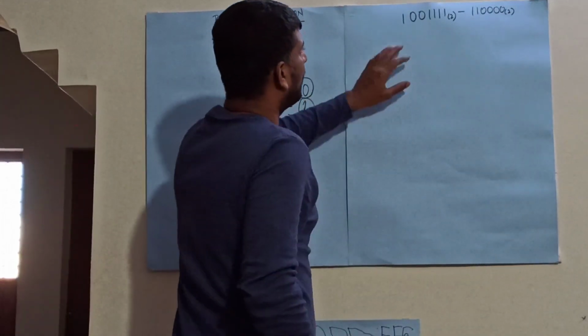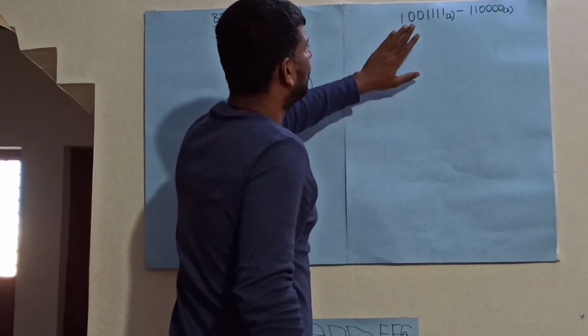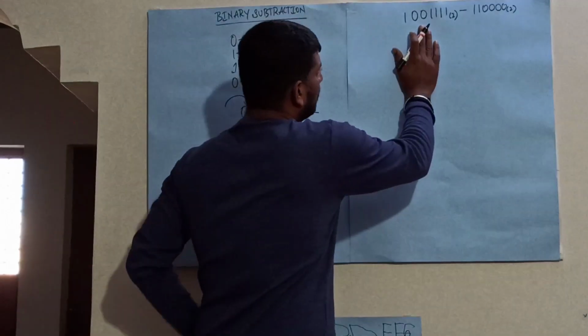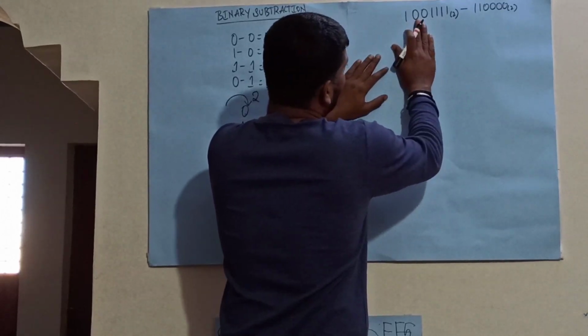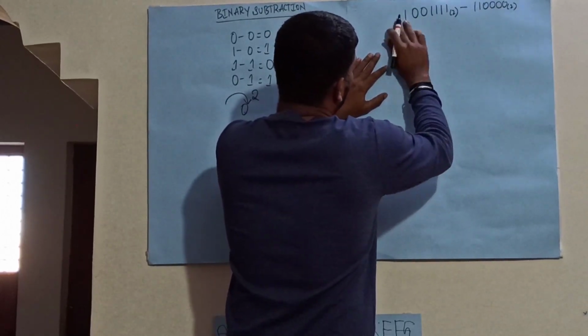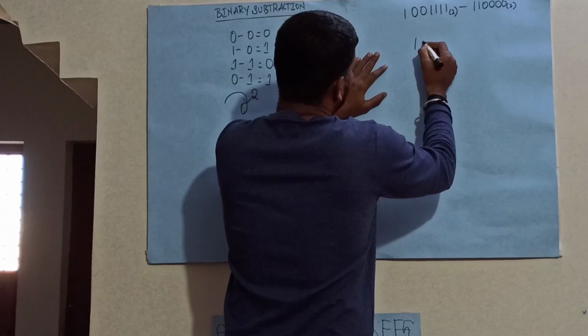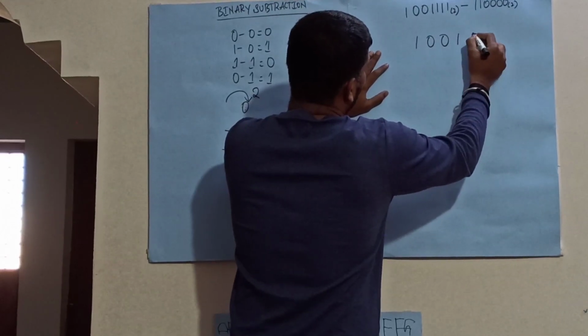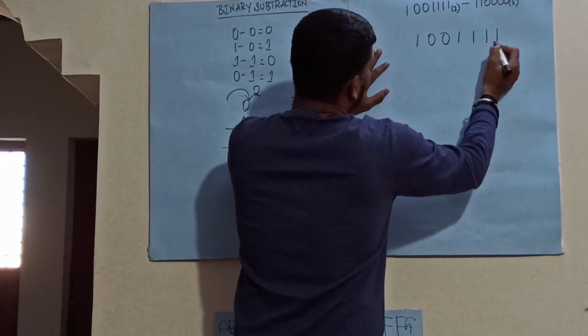I will perform this binary subtraction on these two values. From this value I have to subtract this value, so this value I will write on the top: 1001111.